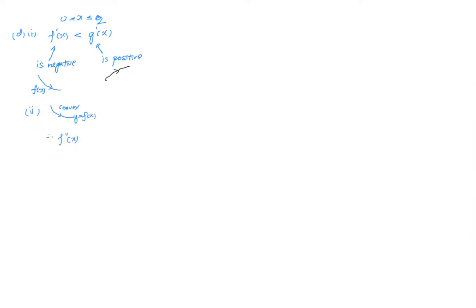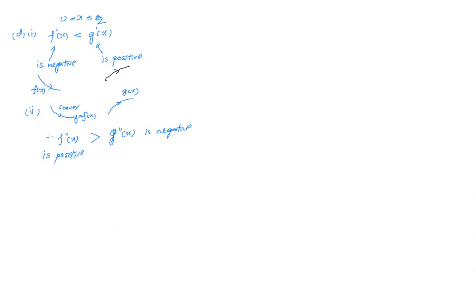Correct? For this part, g prime x, gx is concave. So g double prime x is negative. This is positive. So you can quickly get the answer if you know which one. So the answer will be this way. That is how you analyze.